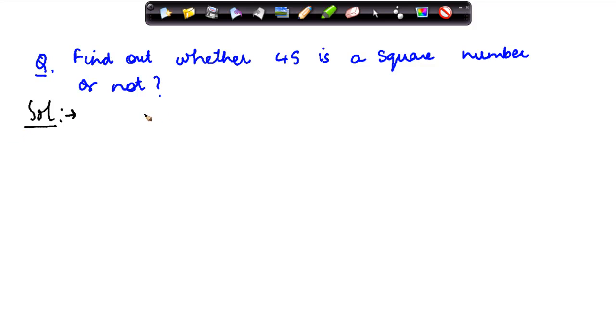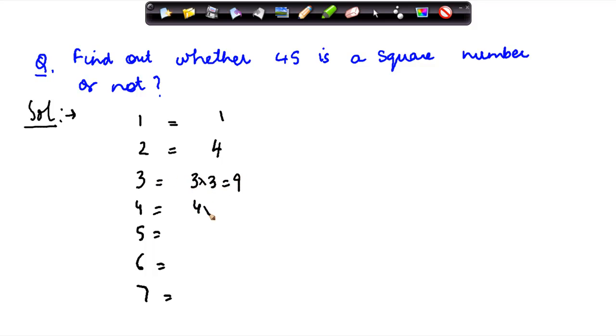Now, how do you identify whether a particular number is a square number or not? One of the easiest ways is to start from 1 and start finding out the squares of these numbers. So we know the square of 1 is 1, 2 is 4, 3 into 3 is equal to 9, 4 into 4 is equal to 16, 5 into 5 is equal to 25, 6 into 6 is equal to 36, and 7 into 7 is equal to 49.